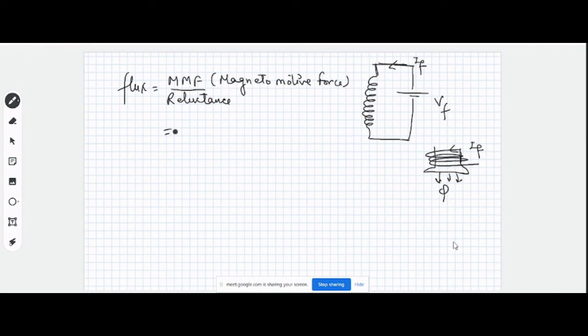MMF for a winding, for an inductor, is given as number of turns into the current, over reluctance.